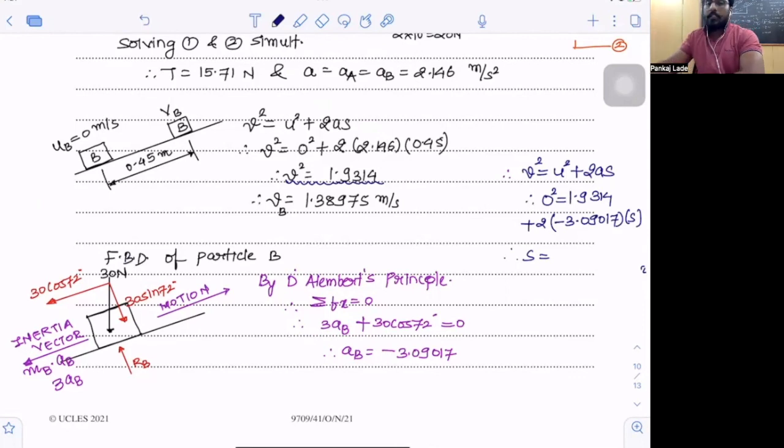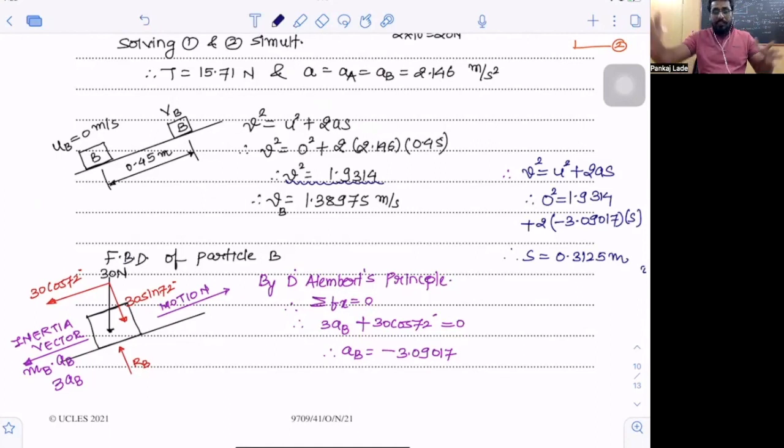I get the answer as 0.3125. S is 0.3125 meters, right? That means after A has separated from the system, B will again keep on traveling for some distance, and that distance is 0.3125 meters.